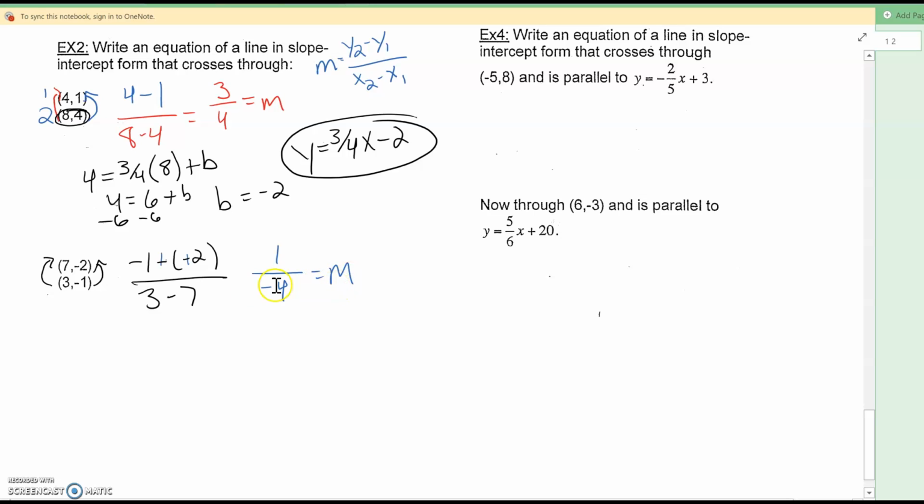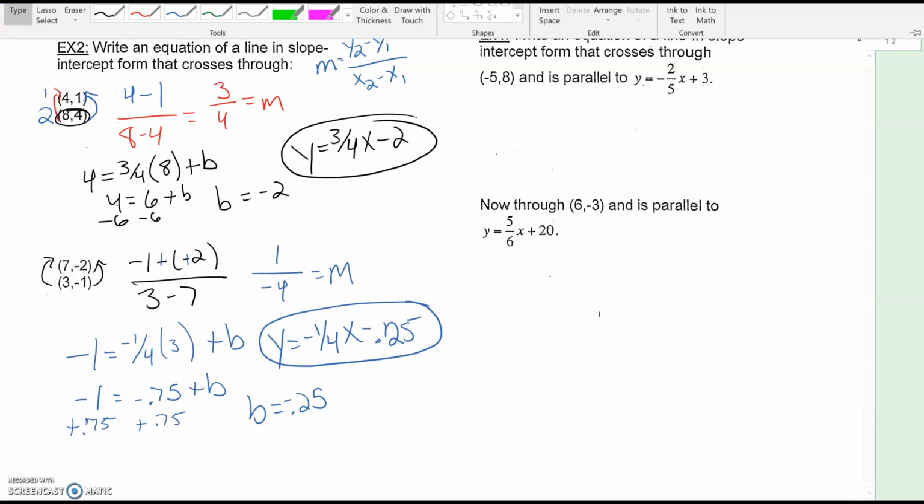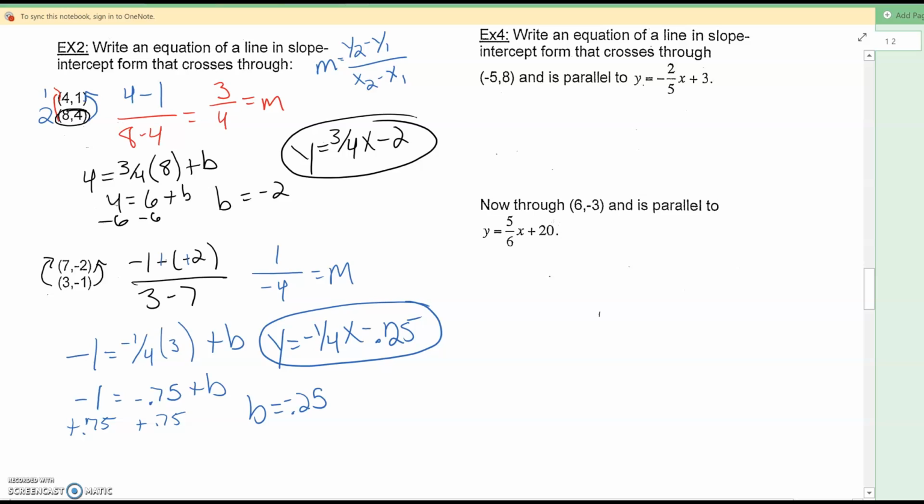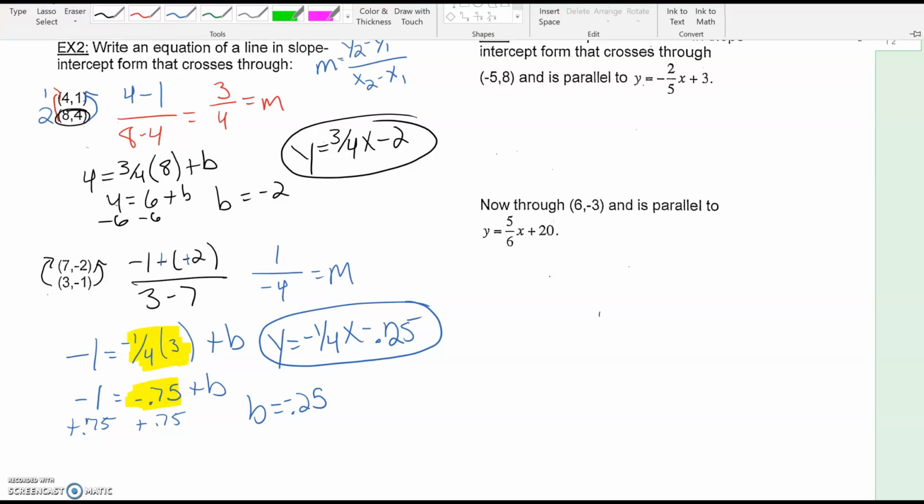Now go ahead and finish that and give the equation of the line. If you see here, I plug these in, and now I actually use the decimal mode. When I put this in my calculator, I got -0.75. If you did -0.8, that's fine too. Make sure you add it to both sides.